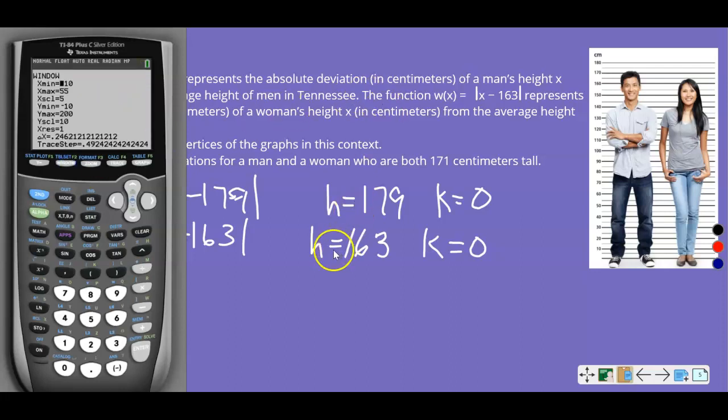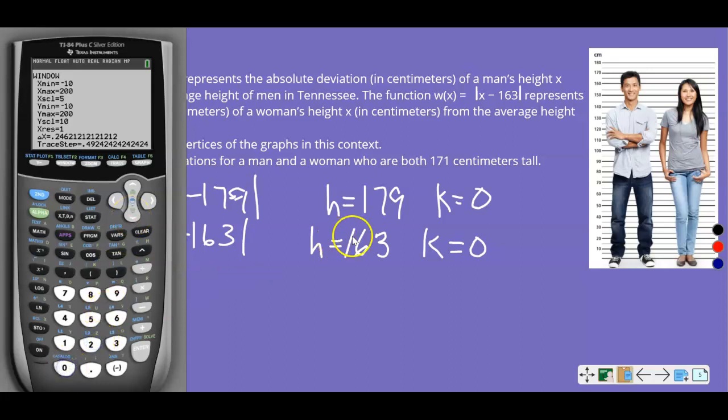So what do we need to do to our window? We know the vertex is going to be at 179 and 163. So we need to come to our X's, and this says X is a maximum of 55. That's why we couldn't see a V-shaped graph, because the vertex is where the axis of symmetry is. So we need to have, let's say 200.